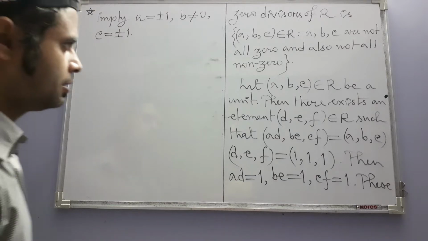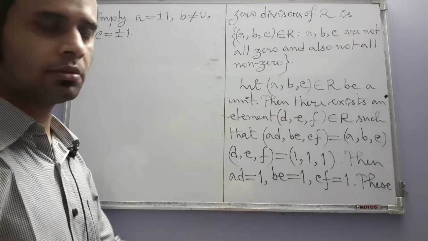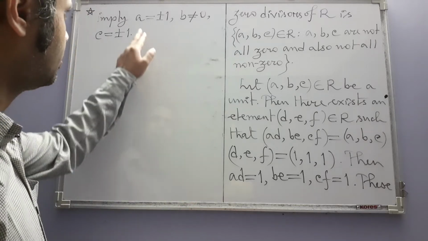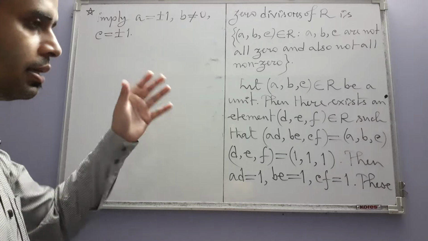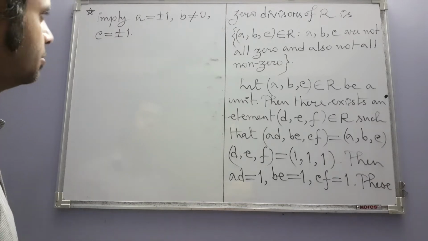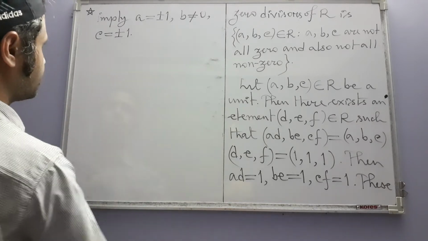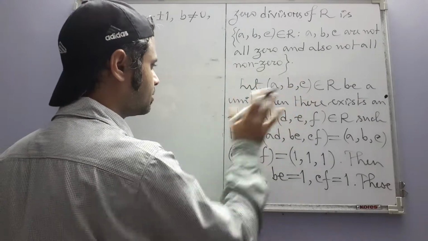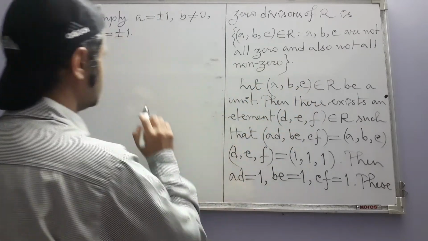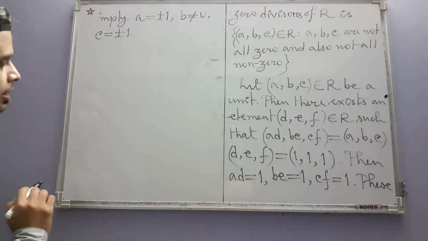Okay, so now we have been able to say something about the components, and in fact the first and third components have only two options, each one of them. Now next, which means that if we have a triple which is a unit, then this should be the case.